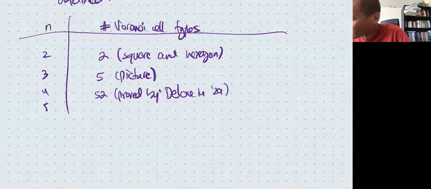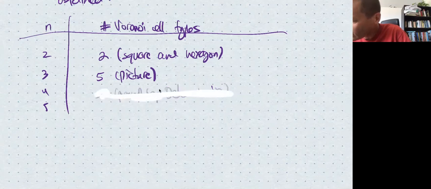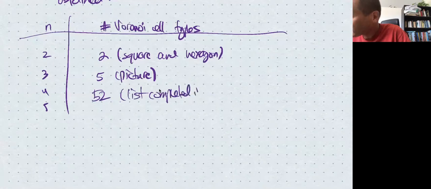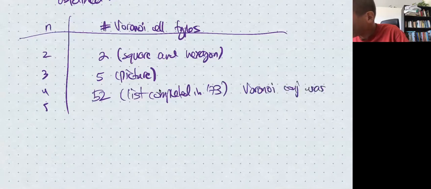Right. So the conjecture, I guess what I said is a little bit off. There are 52, and the list was completed in 73. And the Voronoi conjecture was proved in 29 by Delaunay. So this is a bit of a contradiction to what I said before.